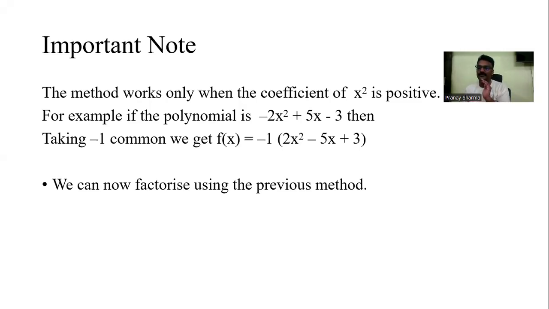The coefficient of x square is negative. If you take -1 as common out of this entire expression, it will become 2x square minus 5x plus 3. Now you can apply the splitting the middle term method in 2x square minus 5x plus 3. However, that -1 is already taken out as common, so this will be treated as one such factor. So you need not worry on this part.